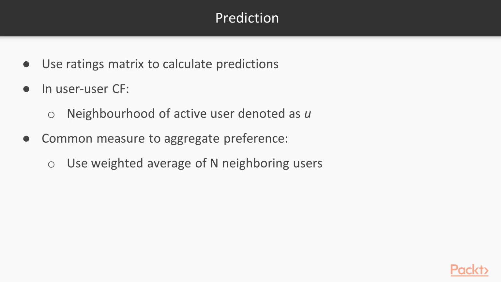The first main component is predictions. The first step of KNN-CF is to make use of the ratings matrix, usually denoted as R, to calculate predictions. Since we are concerned about user-user CF, the neighborhood of the active user, the user in consideration, denoted as U, is to be taken into account. The most common measure to aggregate preferences is to use the weighted average of n neighboring users.